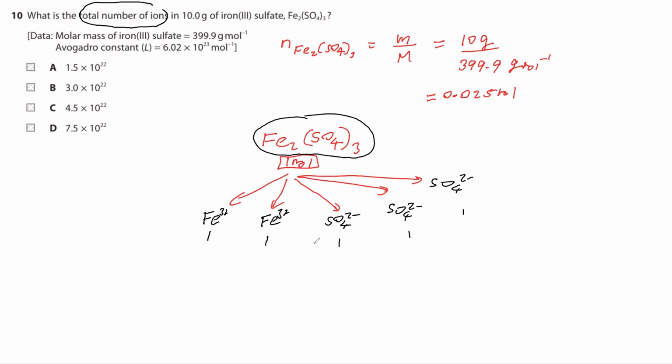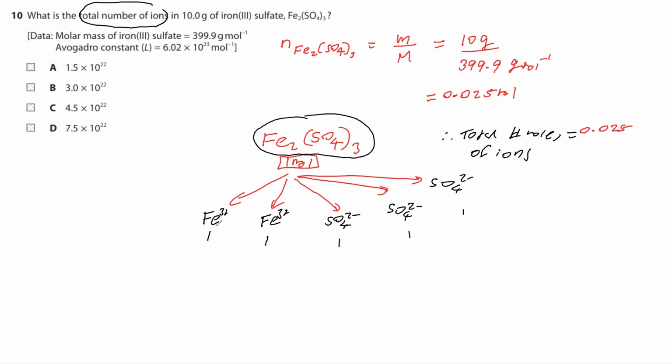So if I want to find the total number of moles of ions, how to find it? You take the number of moles of Fe2(SO4)3, which we just found, 0.025.